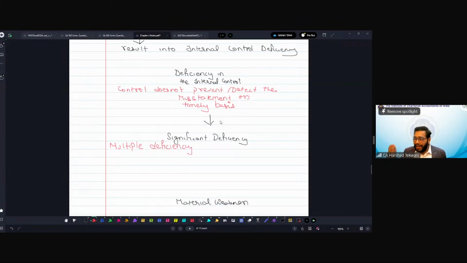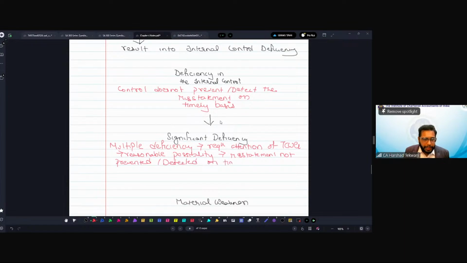Multiple issues that are not preventing or detecting misstatement on a timely basis are of such nature, by adding up, that they require attention of those charged with governance, along with a reasonable possibility that the misstatement is not prevented or detected on a timely basis.